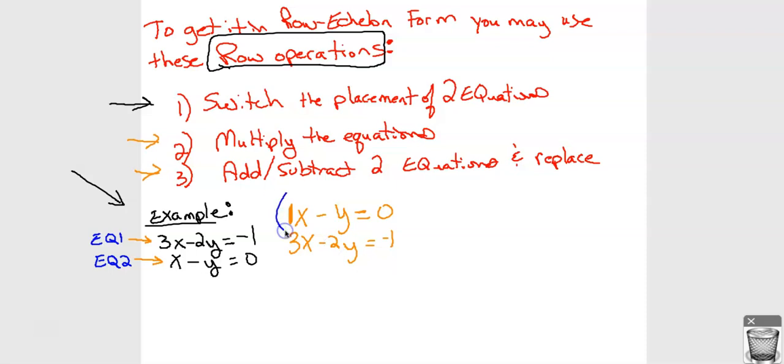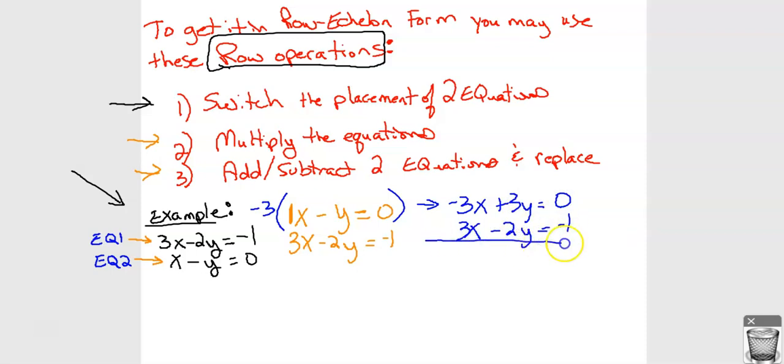If I wanted to eliminate the x's, I'm going to multiply by negative 3. So I'm going to multiply this whole top equation by negative 3, and it becomes negative 3x plus 3y equals 0. This one does not change. And using elimination, the x's eliminate, and I get 1y equals negative 1, or just y equals negative 1.